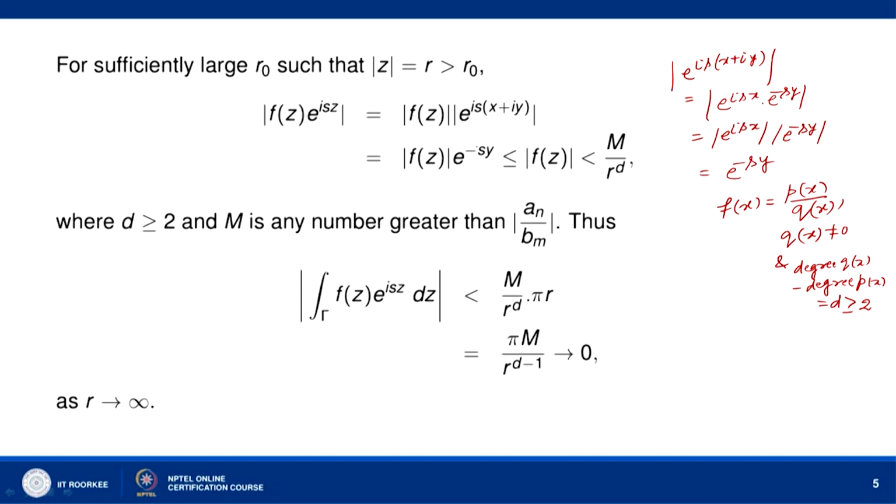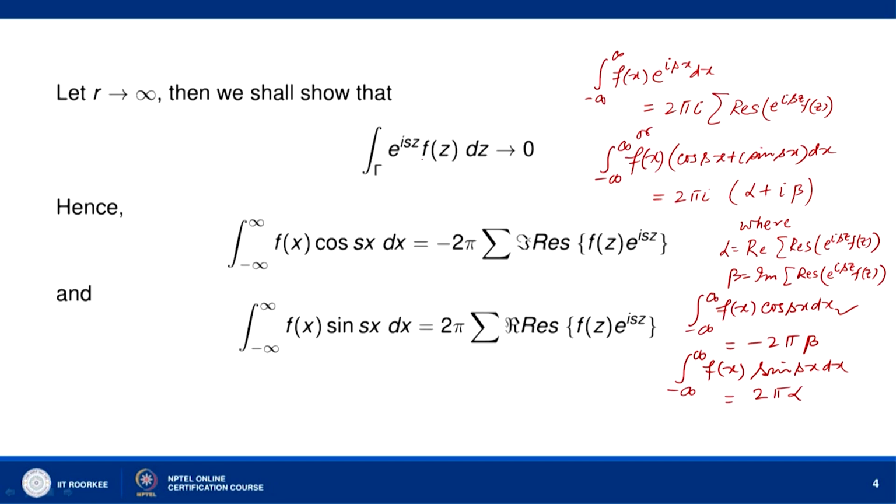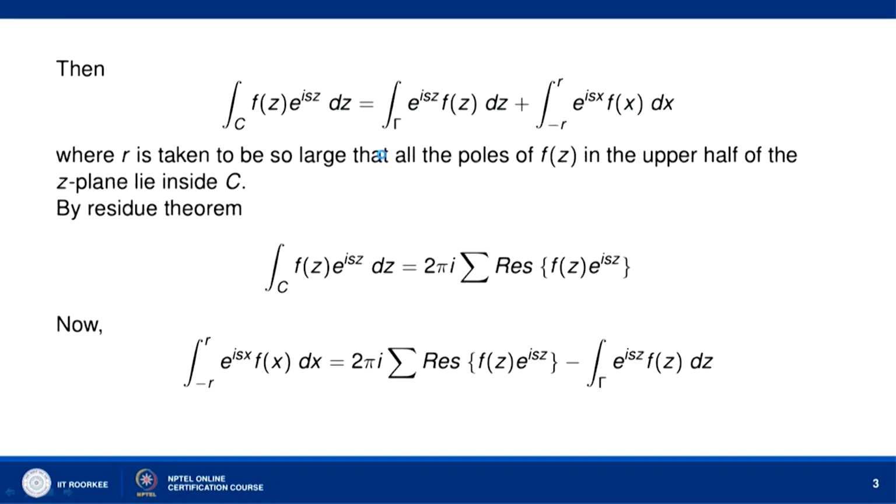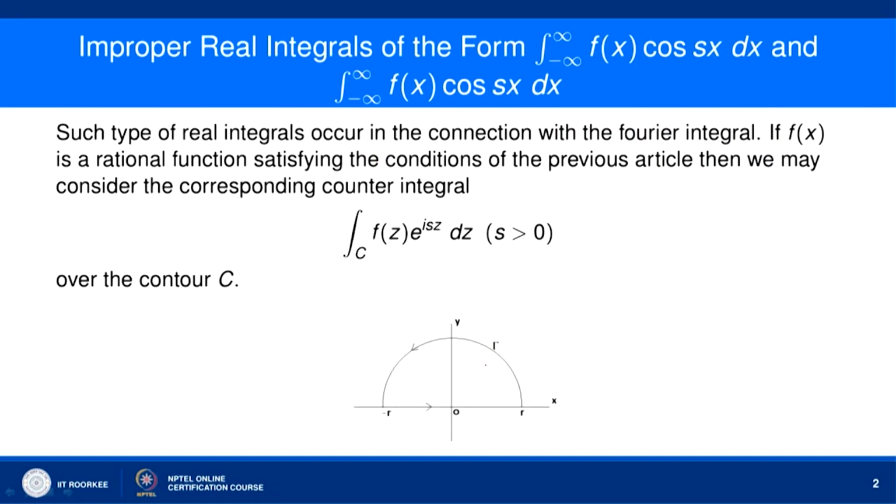So, and e^(-sy), what happened to this e^(-sy)? Since s is greater than 0 and y lies in the upper half plane, we are estimating this mod of f(z) e^(isz) for computing this integral, and gamma lies in the upper half plane.